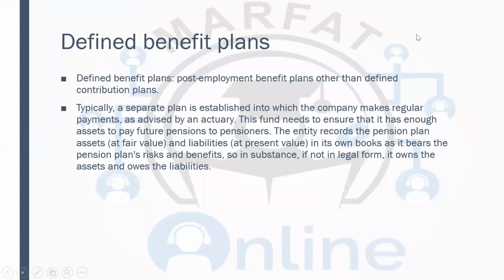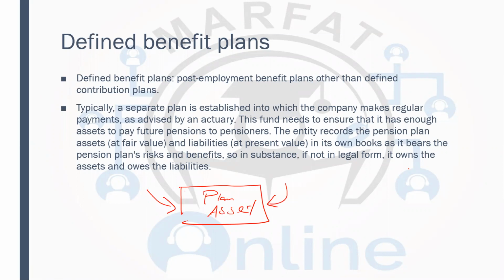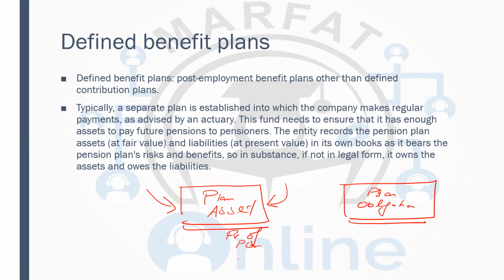Okay, now we have the defined benefit. We have already discussed it, that what the entity is doing, they are maintaining a plan asset in which there will be the contribution of the funds. And this plan asset should be able to meet the plan liability or the plan obligation. So every year, the fair value of plan asset should be equal to the present value of obligations.